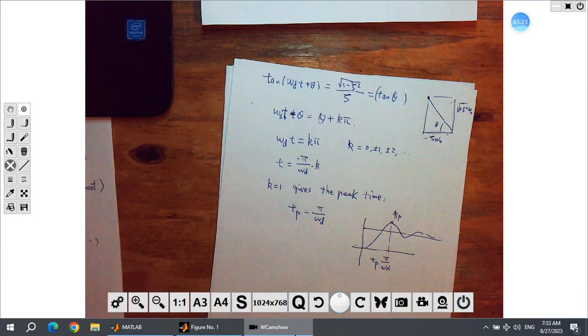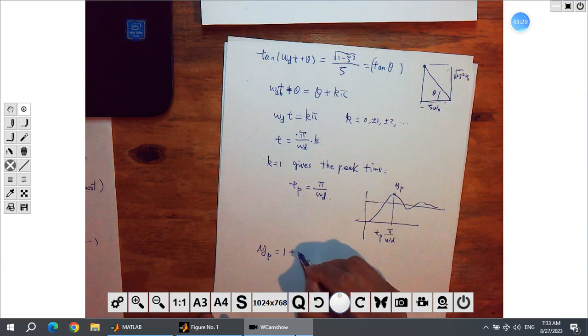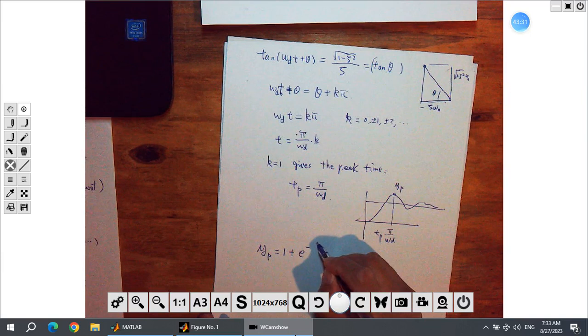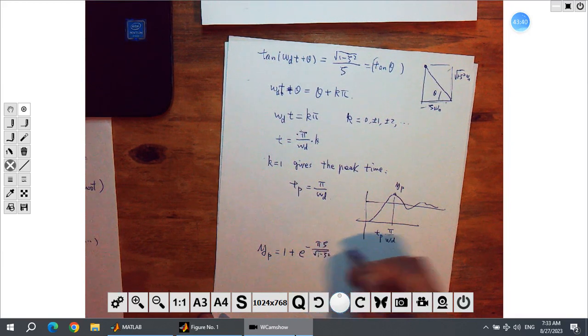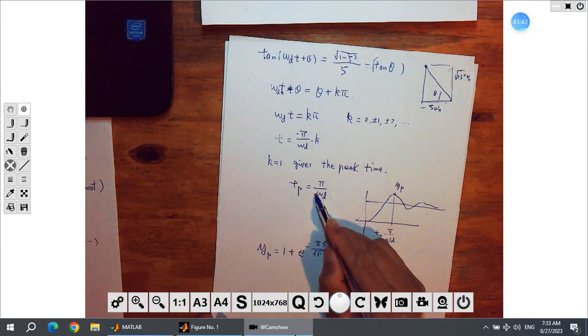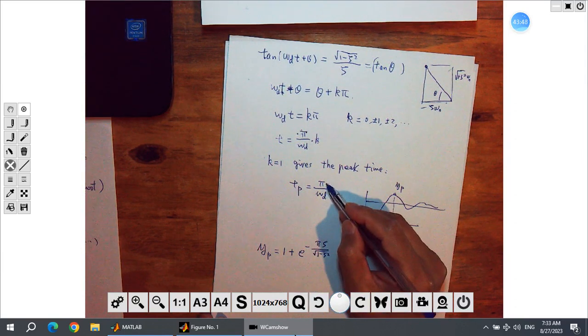I see. Okay. Yp equals 1 plus exponential of negative pi zeta over the square root of 1 minus zeta squared. Actually, the denominator still needs omega d, but we have zeta omega n in the numerator, so they cancel the omega n.